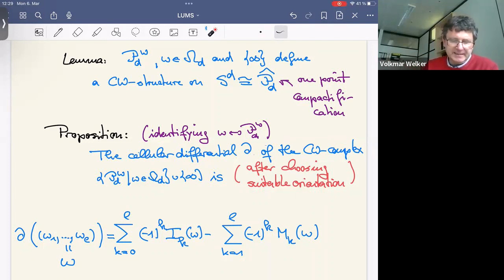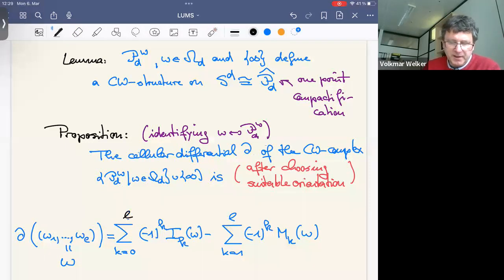We look at the cell, and as I said, we identify it with the root multiplicity. So the boundary of this cell is given by an alternating sum of insertion operations and merge operations. Okay, sorry. So you insert wherever you can, if it's possible.